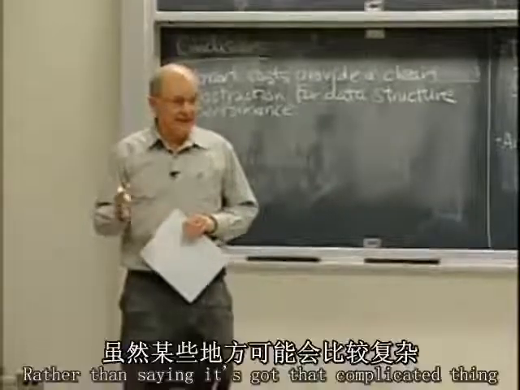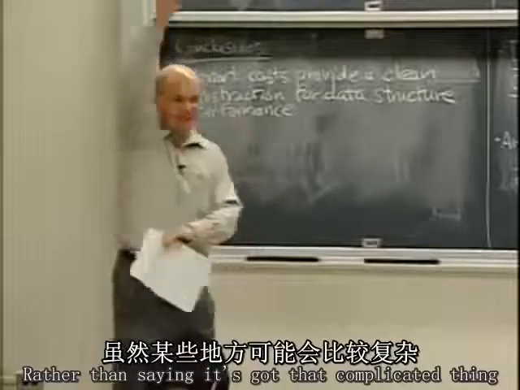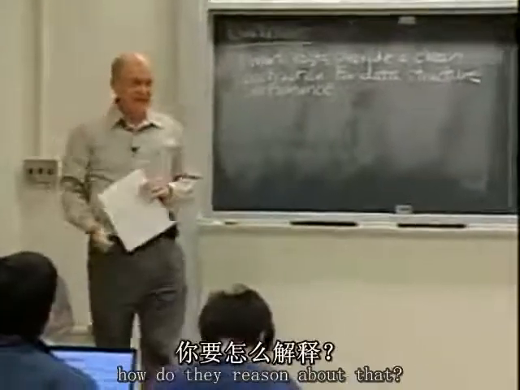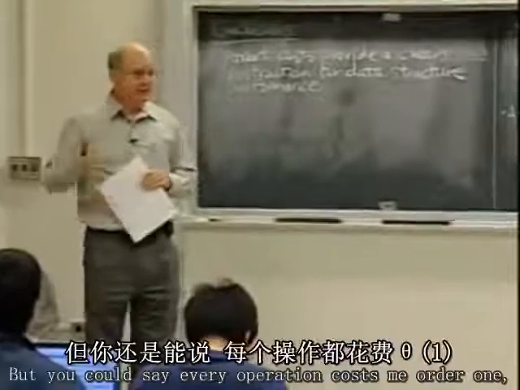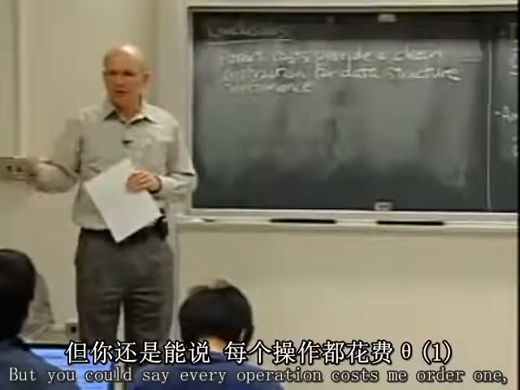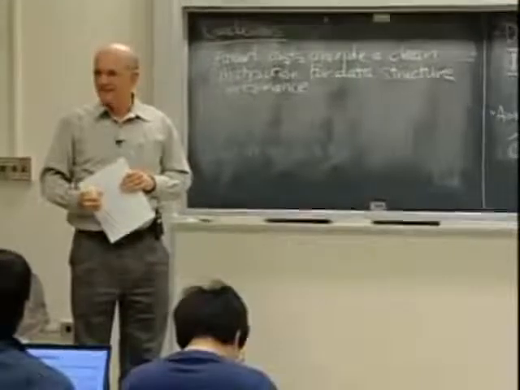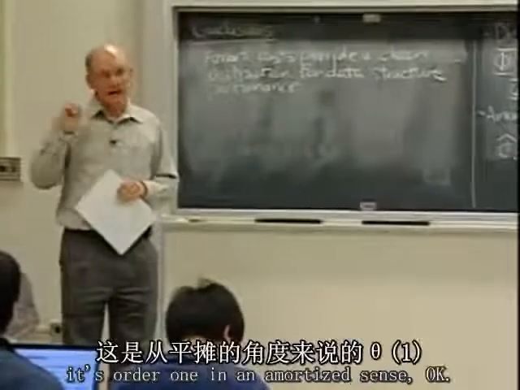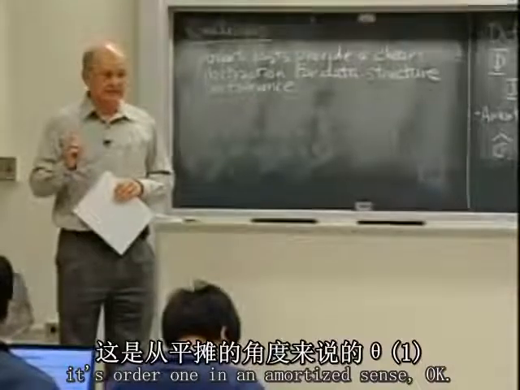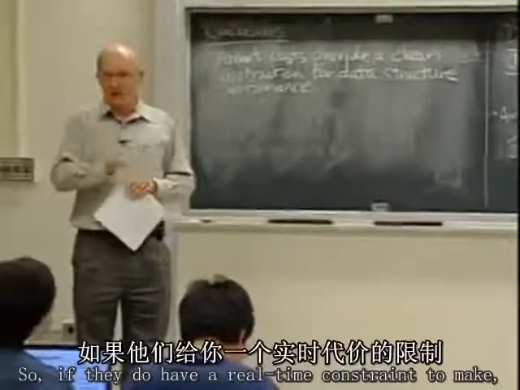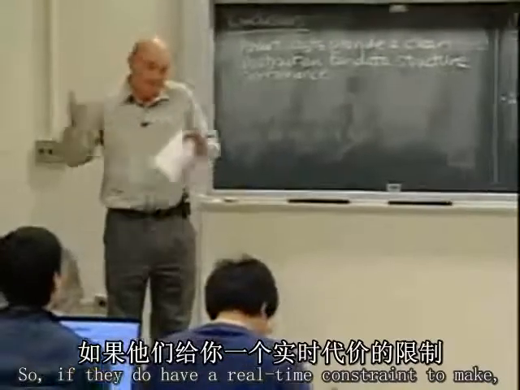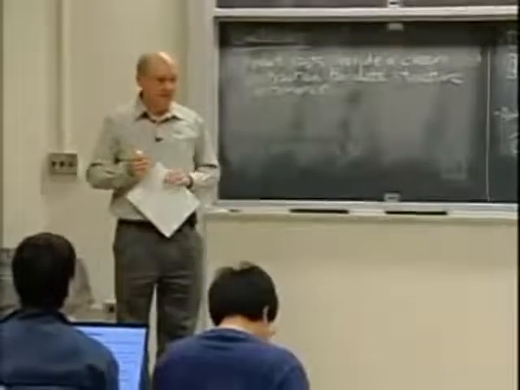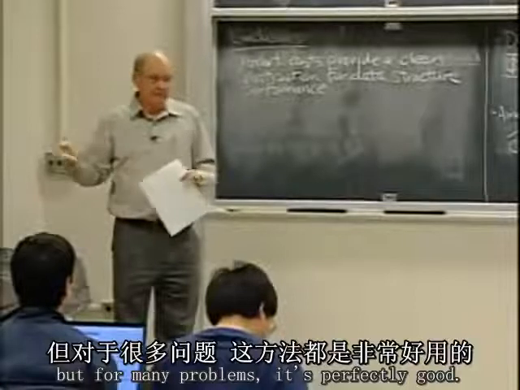Rather than saying, it's got that complicated thing which sometimes costs you a lot. How do they reason about that? But if you can say every operation costs me order 1, that's really simple. But they have to understand it's order 1 in an amortized sense. So if they do have a real-time constraint to meet, amortized doesn't cut it. But for many problems, it's perfectly good.